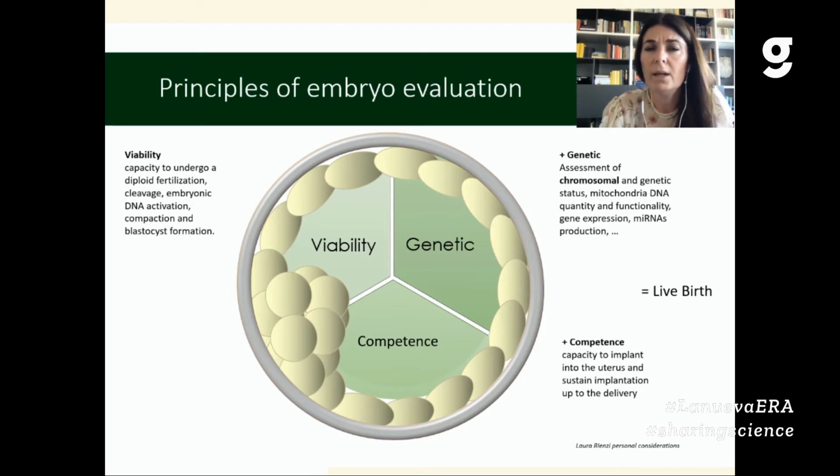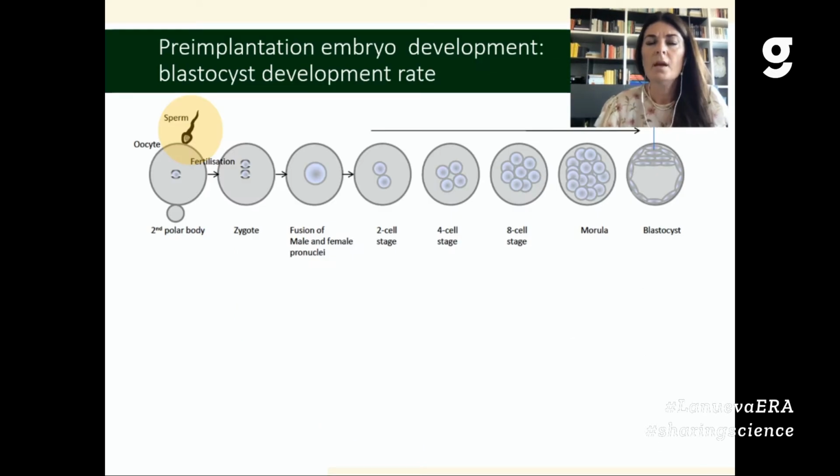And we know very little about the competence, the capacity of the embryo to implant. This is a biomarker that we do not have in our lab, so we cannot really identify the implanting euploid blastocyst as compared to the non-implanting one. So let's go step by step, like the embryo.